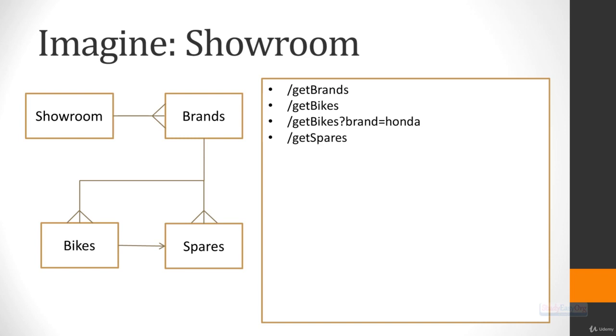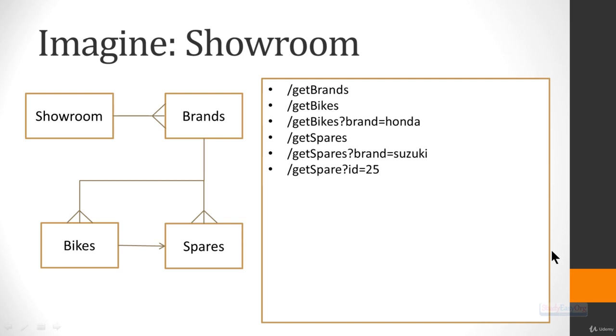Likewise, we can also get a list of all the spare parts available in the showroom. But moving forward, if we wish to get a list of spare parts for a specific brand, again we can specify a filter. We can also get information of a specific resource. In that case, we can specify the ID, and again we will get the information of a specific spare. Likewise, we can also specify the ID of a specific bike and get appropriate information.